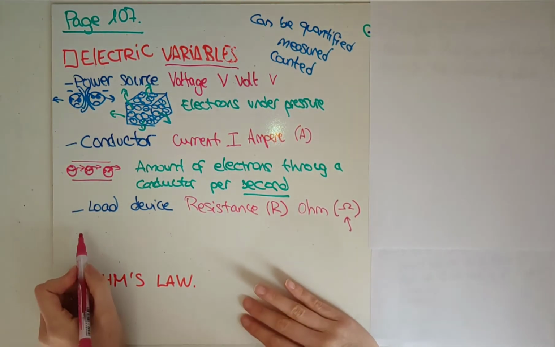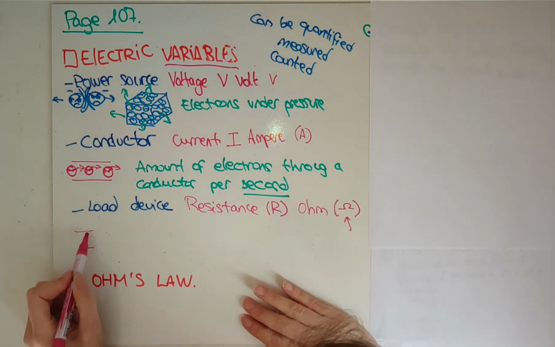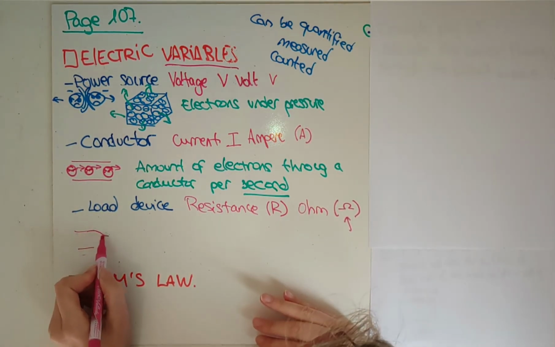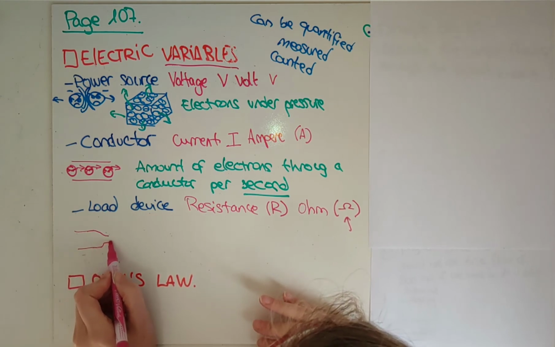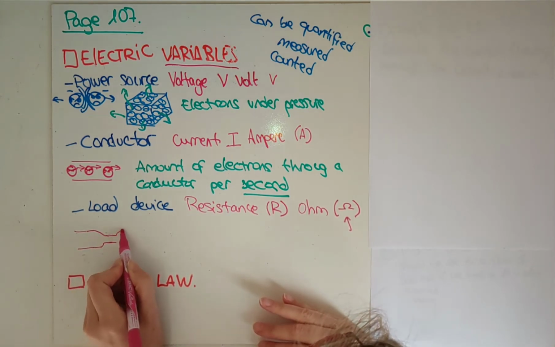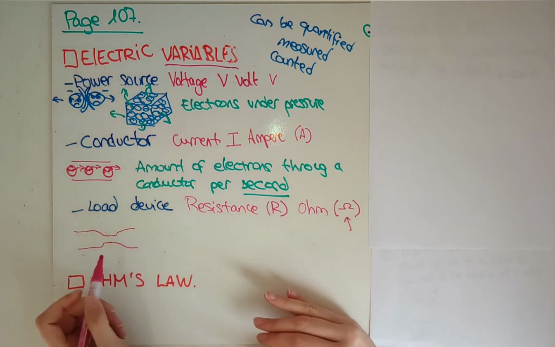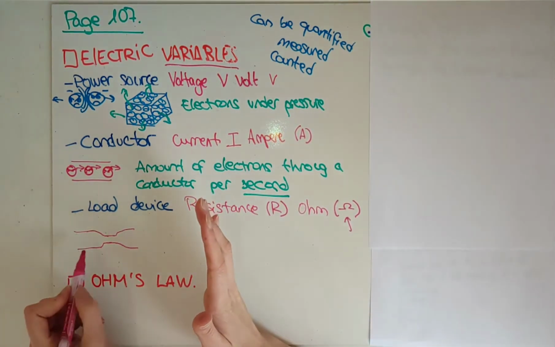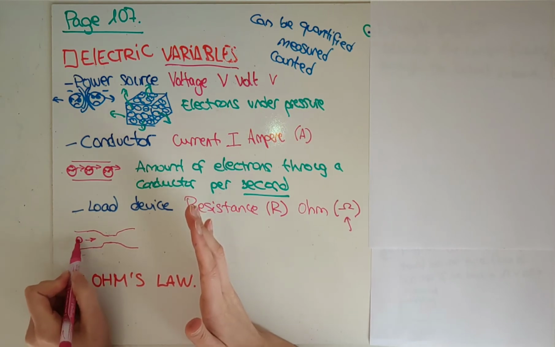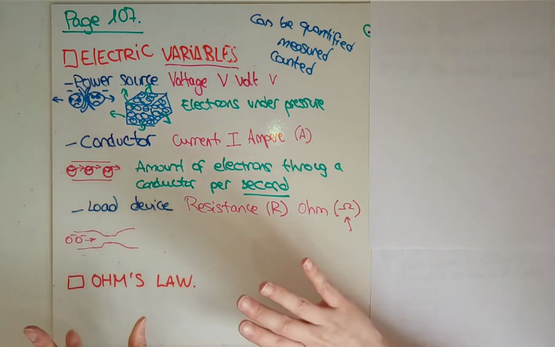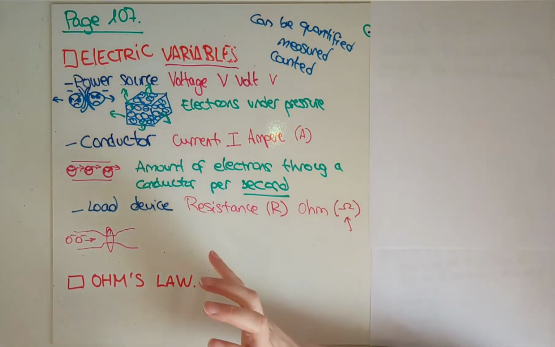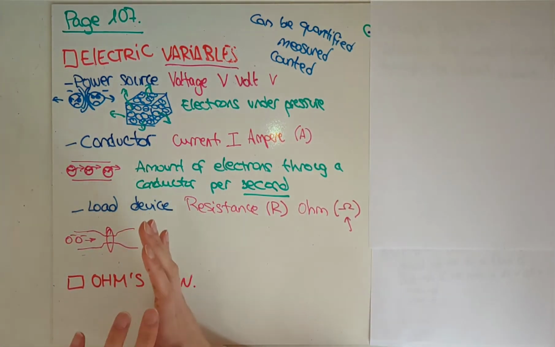Okay, imagine that I have a cable. To explain this concept, imagine that I have a cable and I reduce the thickness of the cable. So it is an opposition, okay, to the flow of electrons, to the current. It's like an opposition to the flow of electrons.